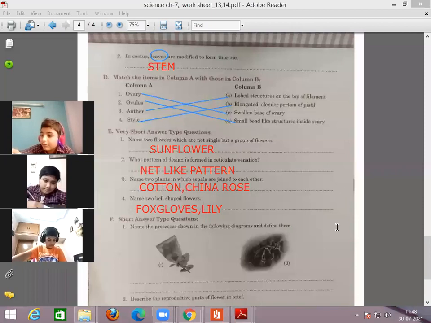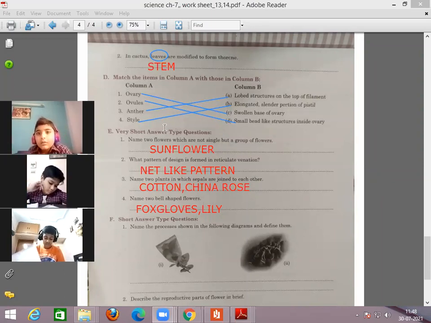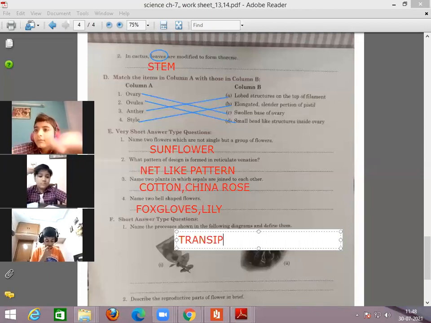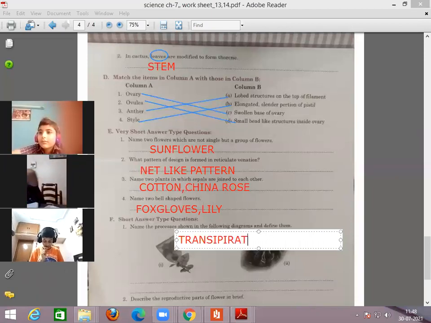Okay. Next is, name the processes shown in the following diagrams. Children, you have to write down what the processes are. Can you name the first process? This diagram is in your book. What is that process? Ma'am, transpiration process. Yes, transpiration.